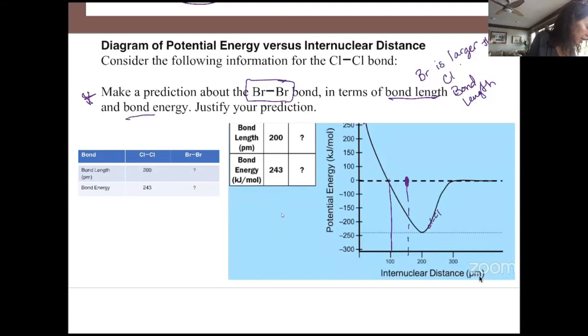And the bond energy. Well, if the bond length is larger, the bond energy should be lower, right? And that's going to give me maybe around here. Maybe something around here for the bottom of my dip. So I'll just see how this works, and I'll go like that and bring that right up to the 0 line.